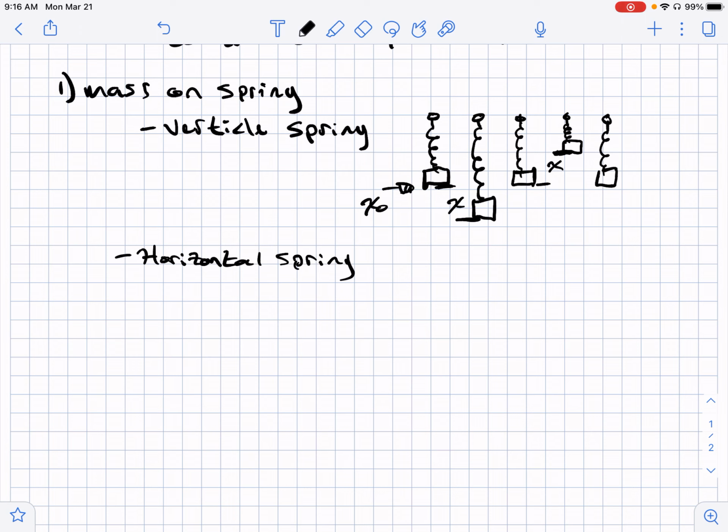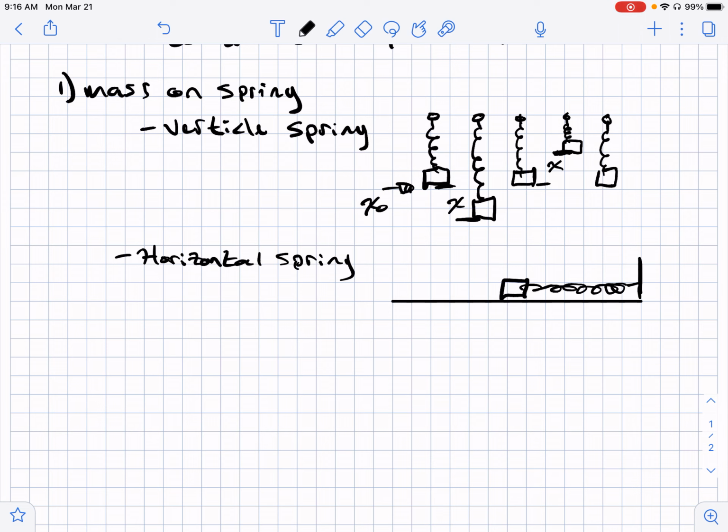So if I drew a table, let's say this is your lab table, and I have a spring that's fixed to this wall here, and then the spring is now horizontal, attached to a mass. And so this time with the horizontal spring, it's just going to be moving side to side versus up here where it was moving up and down.